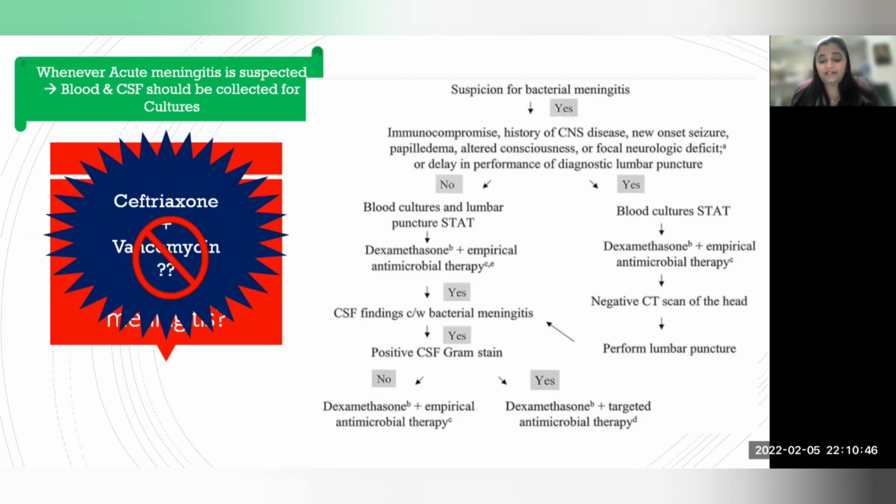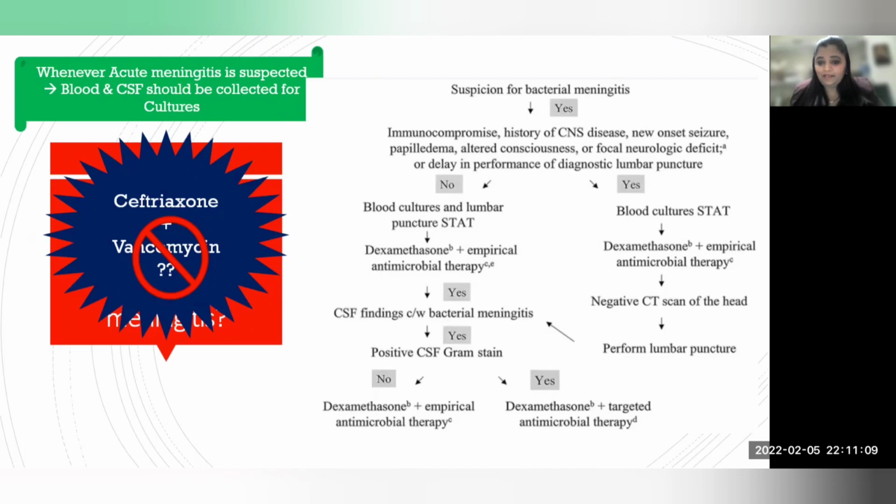Then check whether the patient has altered consciousness, basically to differentiate whether it's actually meningitis or acute meningoencephalitis, or whether the patient has any focal neurological deficit. If there is no contraindication for LP, you can perform the LP.